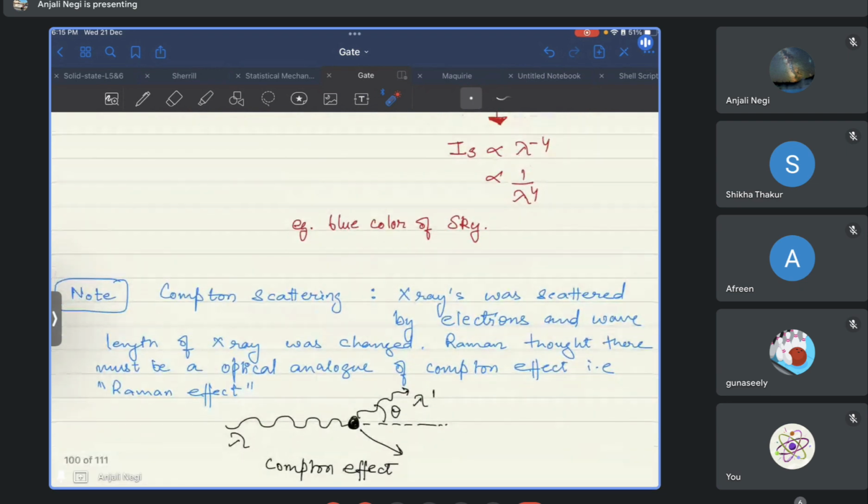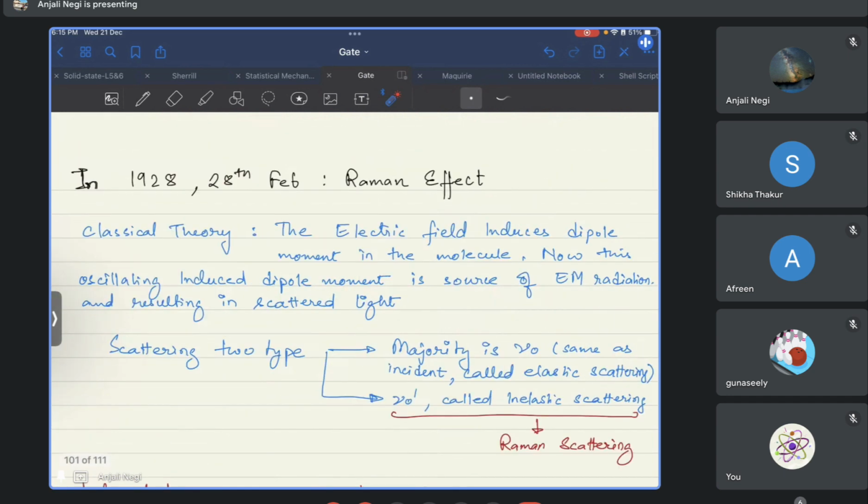In the Compton effect, when the X-ray interacted with the electron, the wavelength of that X-ray got changed by lambda dash. The Raman effect was discovered in 1928, on 28th February, which we in India celebrate as Science Day.